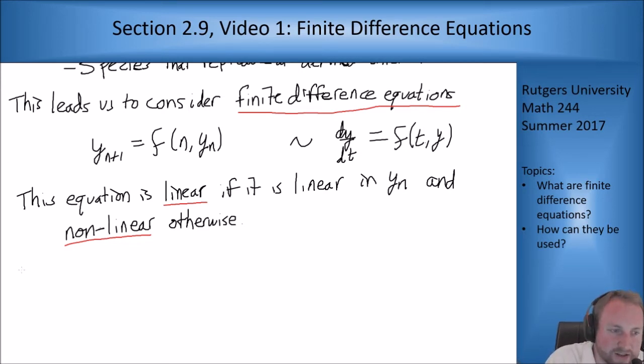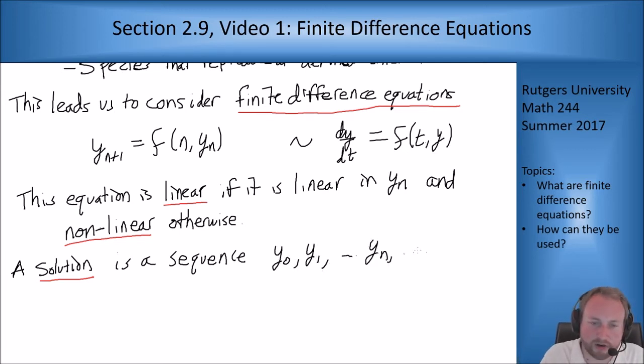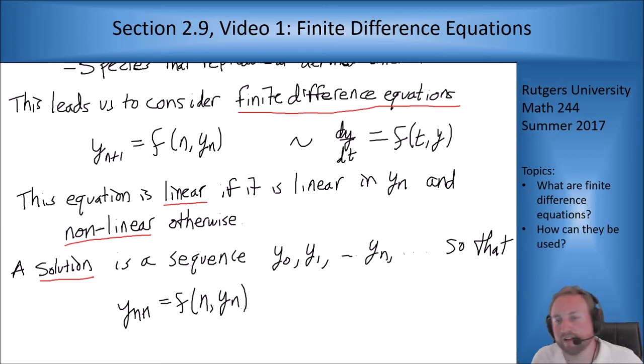So in this case, a solution is a sequence of numbers y0, y1, up to y_n and so on, that satisfies the equation. How do you verify? You just plug in and check like we've been doing so far this summer.